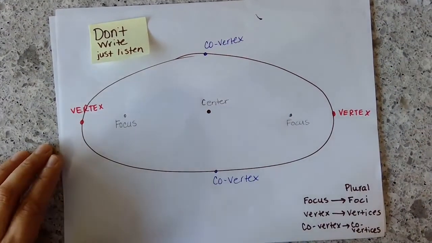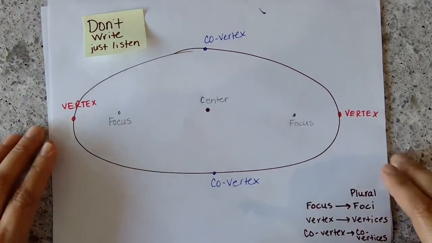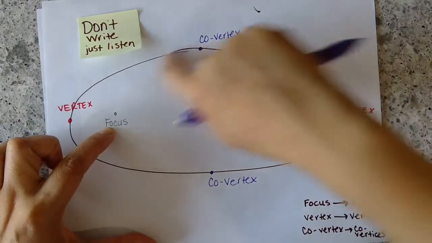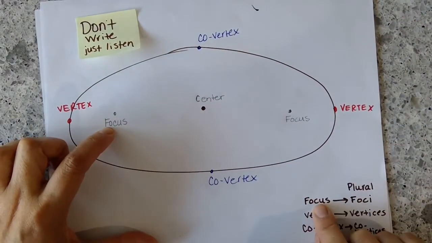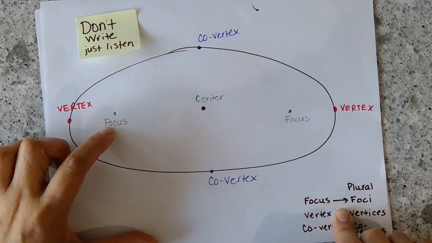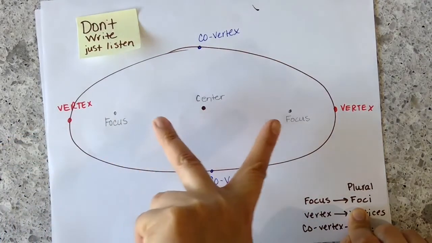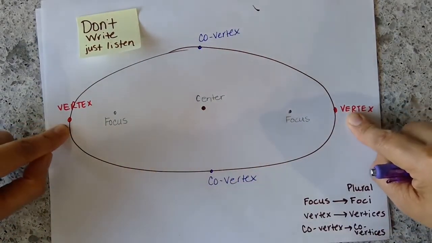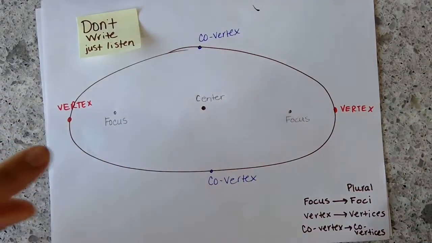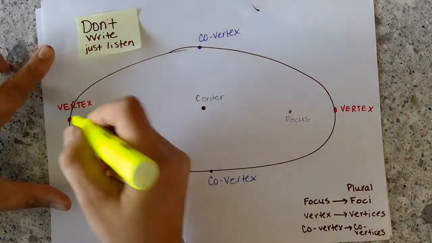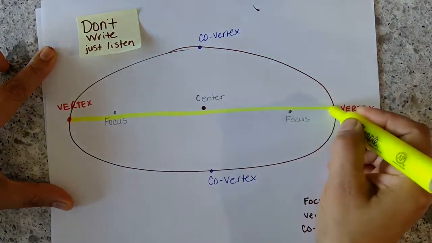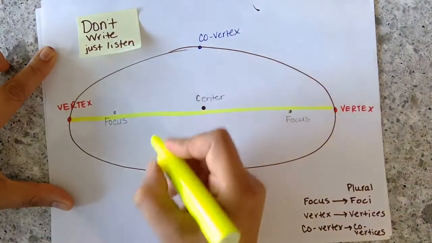So for this, you know that in an ellipse, you have your center. You have your two focus points, which is how you make your ellipse. The plural form of focus is called foci. You have your vertex. Your vertex lies on your major axis. So this right here is your major axis.